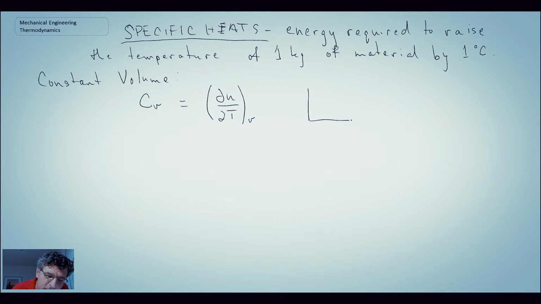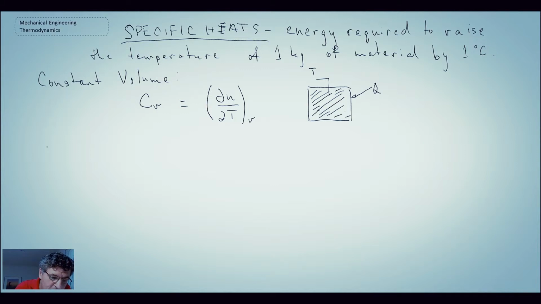It may be a box with our fluid within, and we're adding heat and monitoring the temperature until it goes up by 1 degree Celsius. Given that we have a fixed box, there can be no change in the volume, and that's why we call it constant volume.